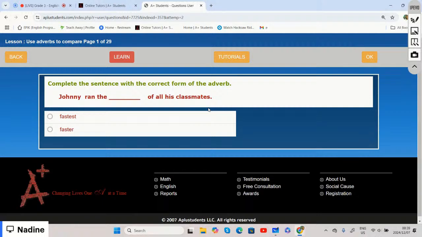All right, so we need to complete the sentence with the correct form of the adverb. It says Johnny ran the fastest, option one, of all his classmates, or faster, option two, of all his classmates. Which one is correct?